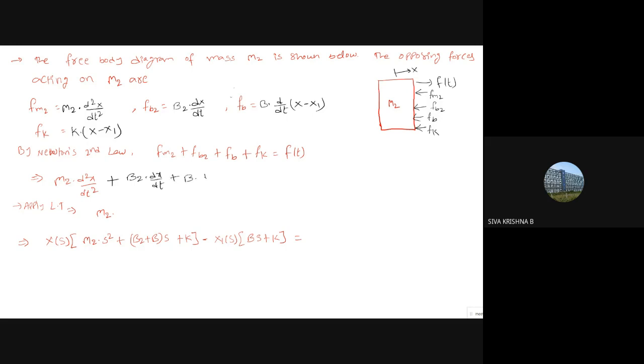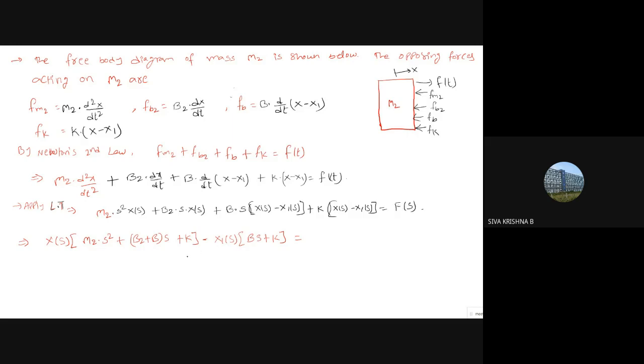Fb means b into d by dt of x minus x1. So now apply Laplace transform here also, and you will get m2 s square into x of s, plus b2 into s into x of s, plus b into s into x of s minus x1 of s, plus k into x of s minus x1 of s, which equals f of s.